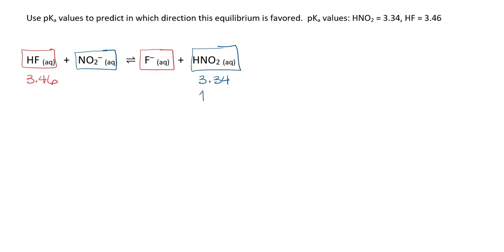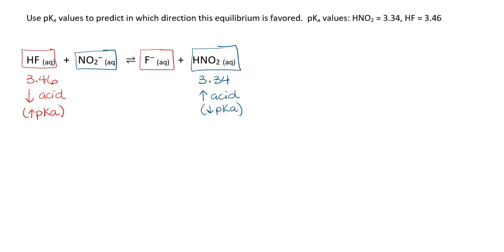HNO2 is the stronger acid because it has the lower pKa. HF is the weaker acid because it has the higher pKa. Notice we can only talk about pKa's for the protonated form of the conjugate acid-base pair.